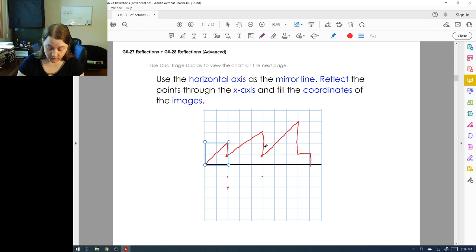This point is 1 away, the other point is 3 away. This point is 1 away, the other point is 1, 2, 3, 4 away. And then we have these points right here. So how does this end up looking like the other side of the evergreen tree? Well, like this.